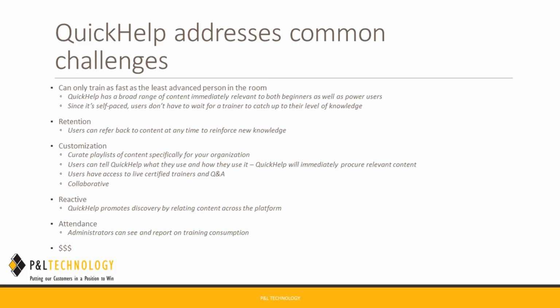So it meets you where you're at, whether you're a beginner or a power user, with some content that you can consume right away and that will apply to you. The other thing is that since it's self-paced, users don't have to wait for a trainer to catch up to their level of knowledge during an on-site or remote training session. They can consume content at a pace that's comfortable to them.